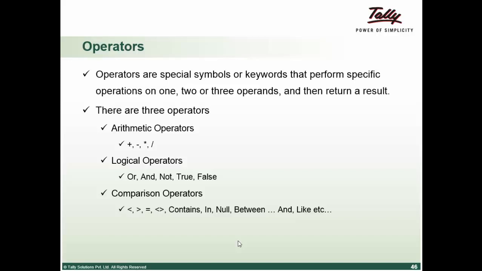The arithmetic operators supported in TDL are the plus sign, minus sign, division sign, and multiplication sign. So that's plus, minus, asterisk, and slash. Logical operators are or, and, not, true, on, off, false, no. So these are all logical operators.